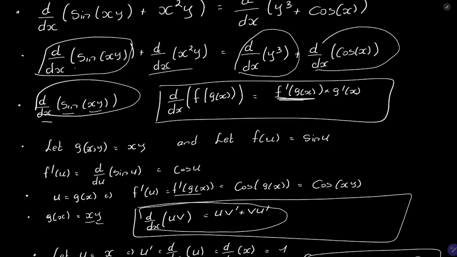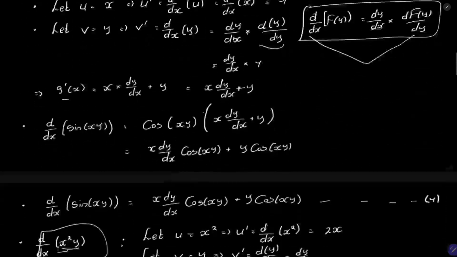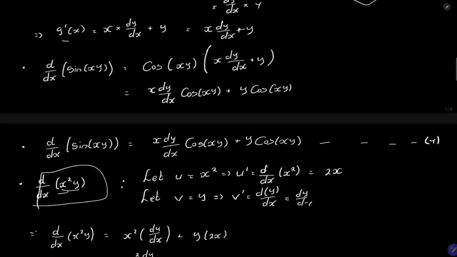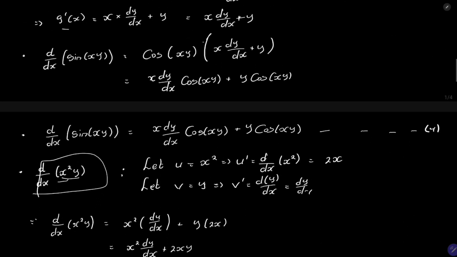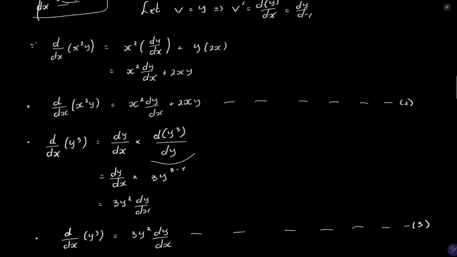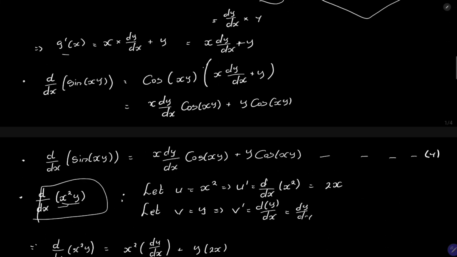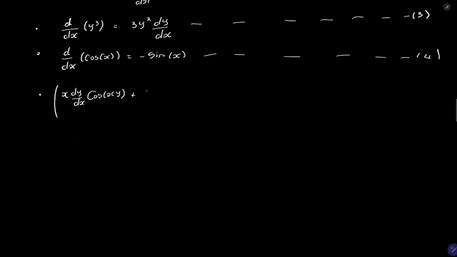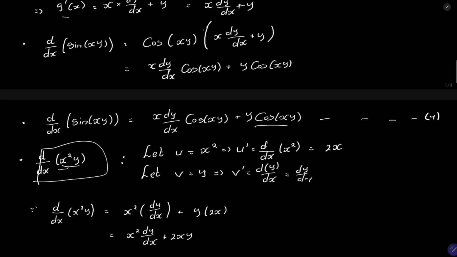That is our first term plus our second term equal to our third term plus our fourth term. So let's do that. What's our first term? Our first term is x dy on dx cos xy plus y cos xy. Let me check.